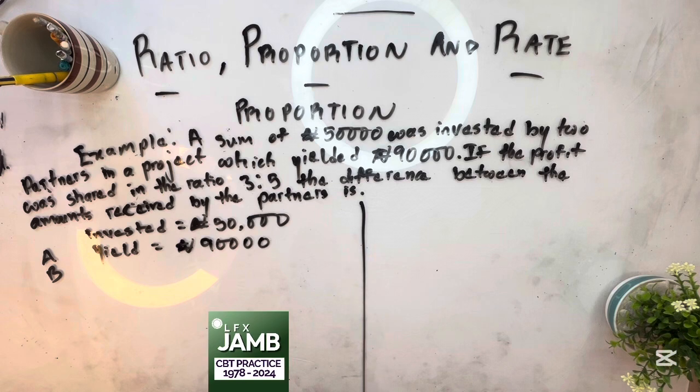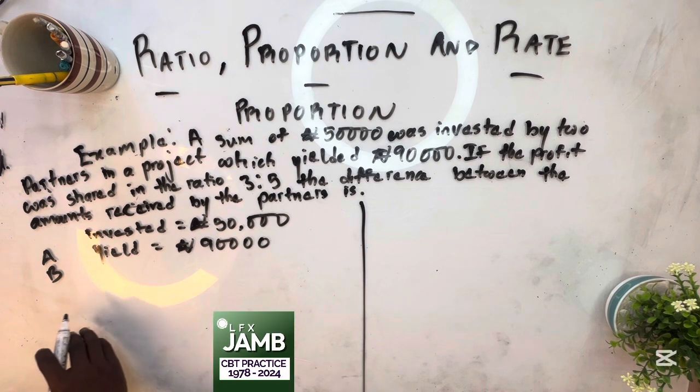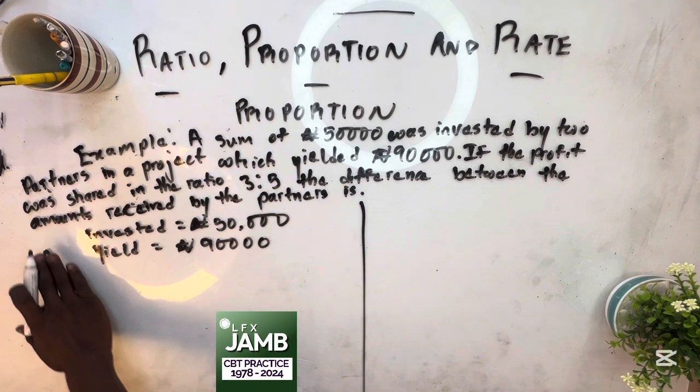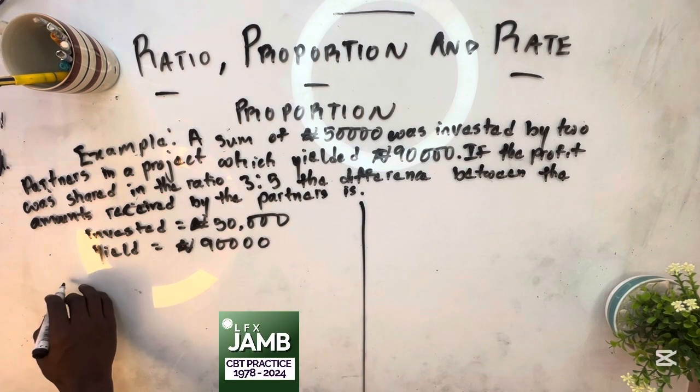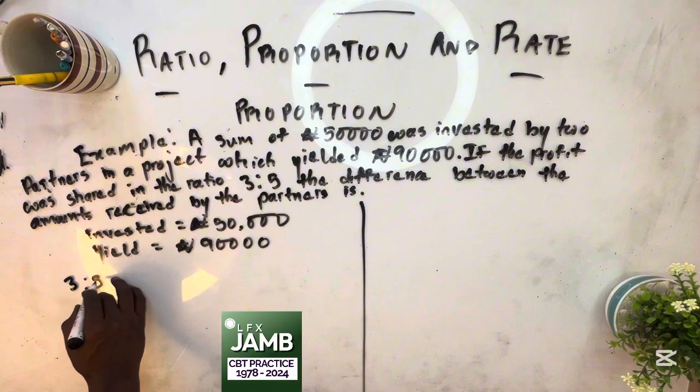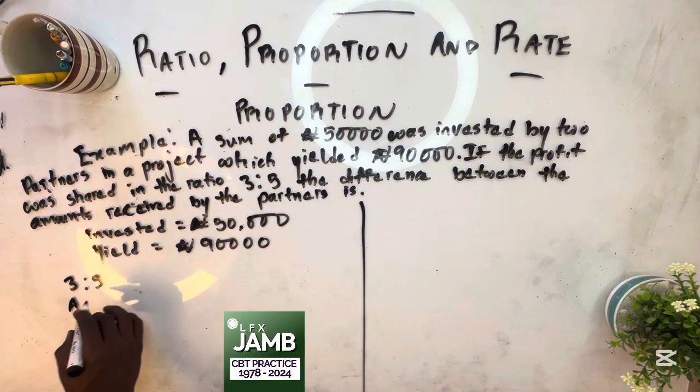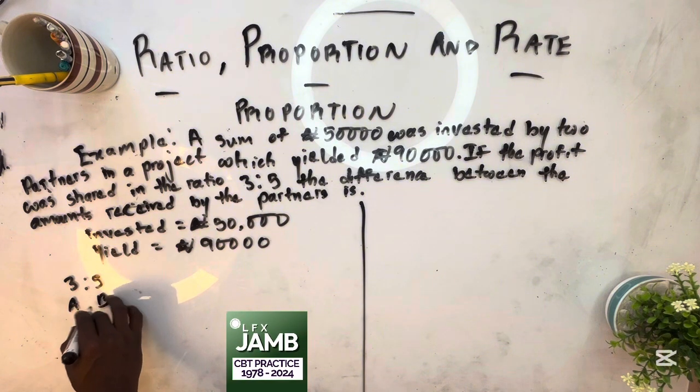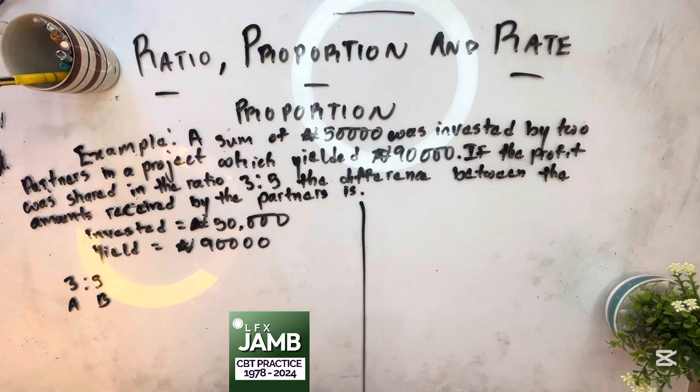If the profit was shared in the ratio 3 ratio 5, so profit share was 3 ratio 5, that is partner A had 3 and partner B had 5. The difference between the amount received by the partner.